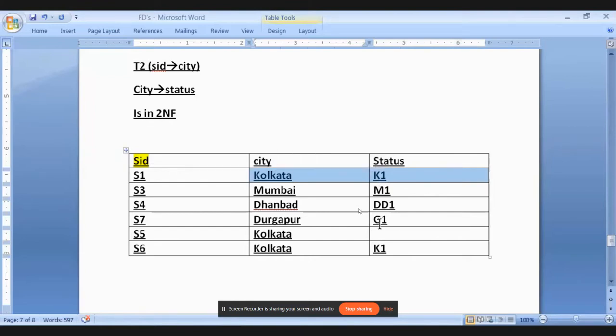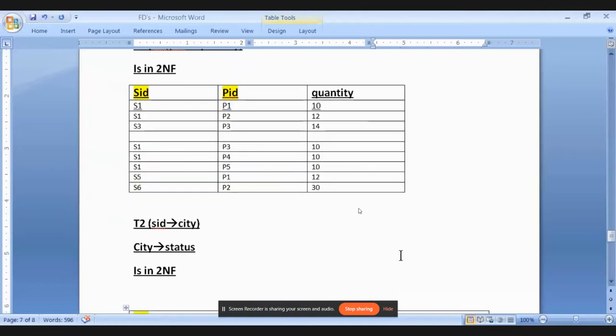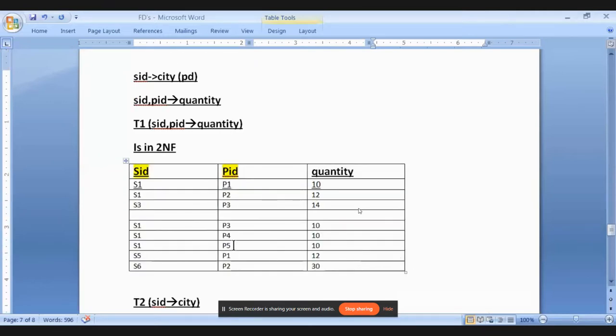So if I don't repeat these, we are not losing the information. But in the other table, if I don't repeat P3, then I'm losing the information that S1 is also supplying the P3 product.